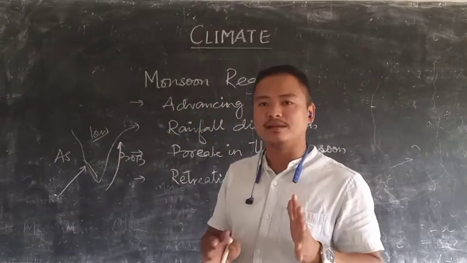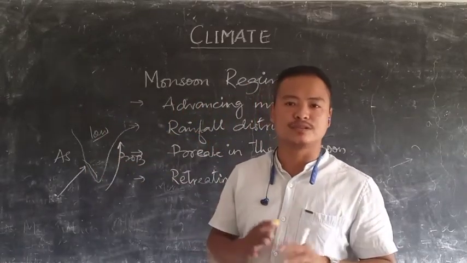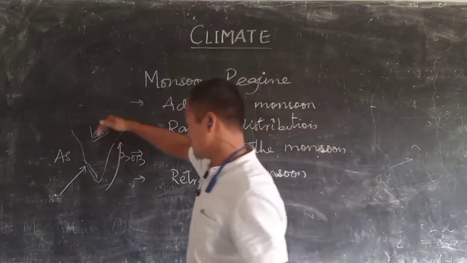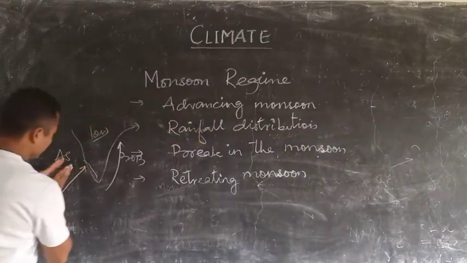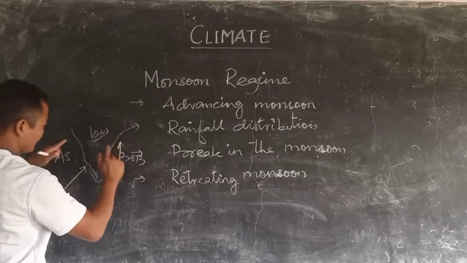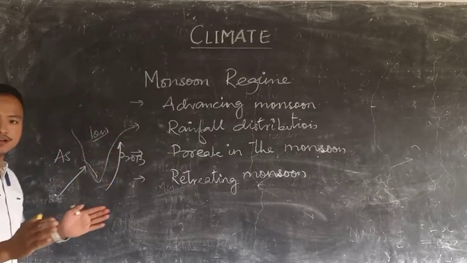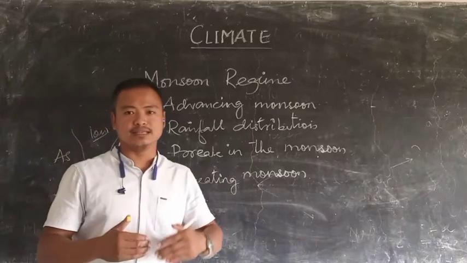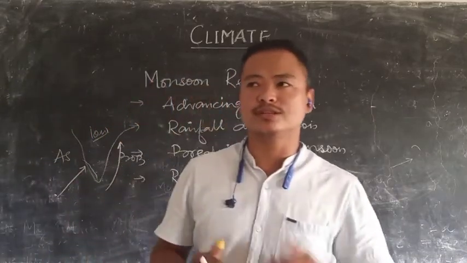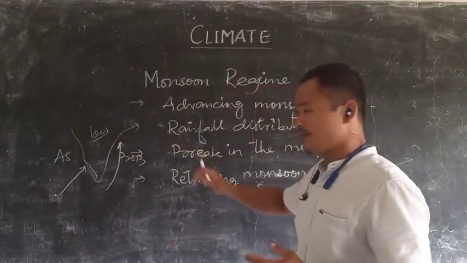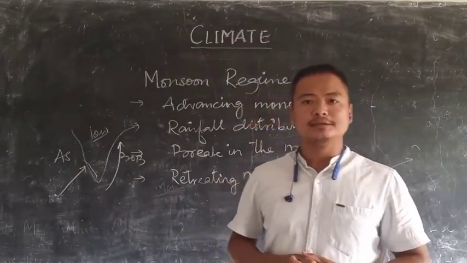The amount of rainfall only changes with distance. In both cases, the Arabian Sea branch and the Bay of Bengal branch, as we move towards the inner part of the country, the rainfall amount decreases as the distance increases. So this is how the distribution of rainfall takes place in India.